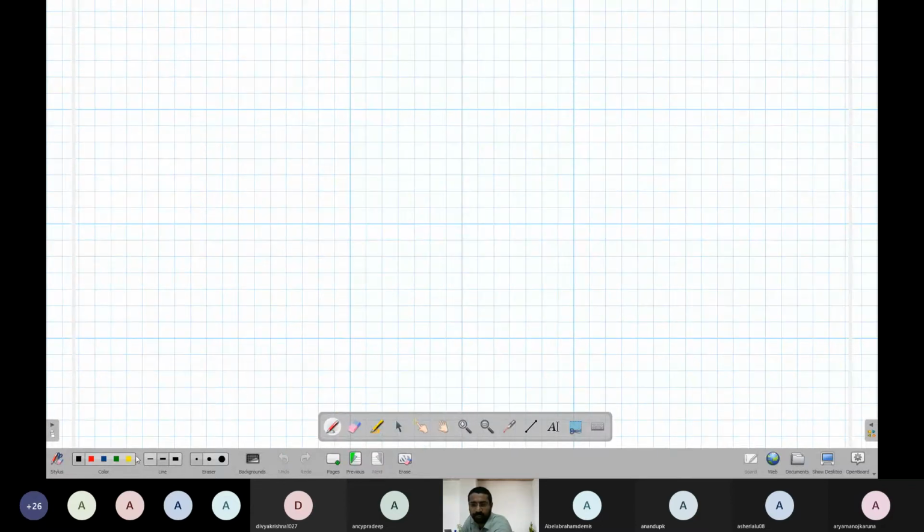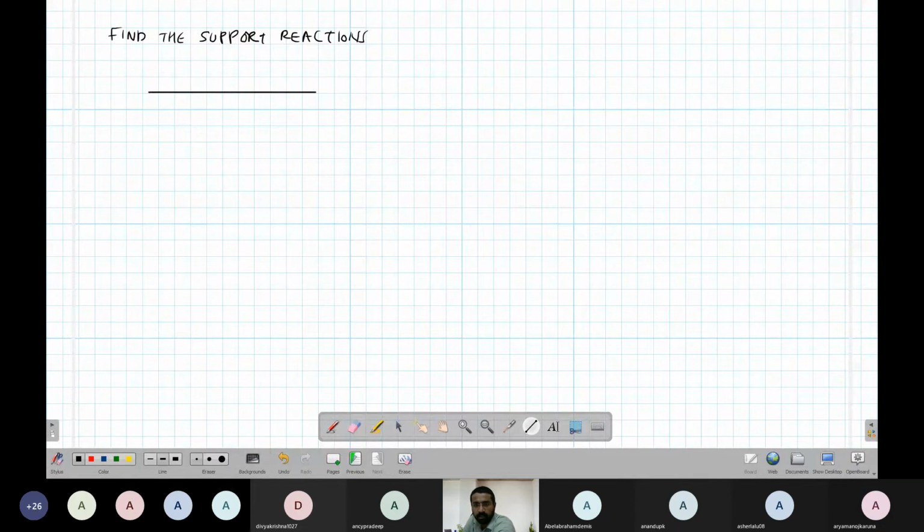Let's say find the support reactions. So let's say I have a beam like this. I have a pin here, I have a roller here.